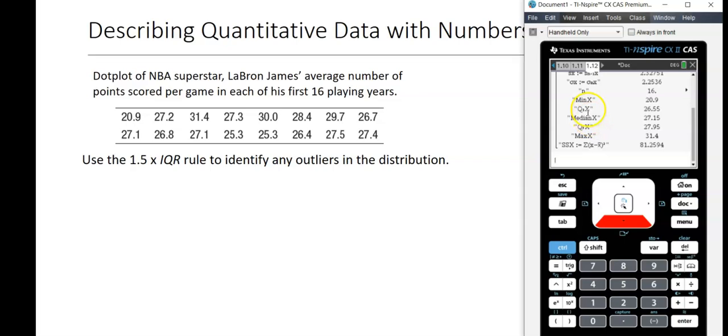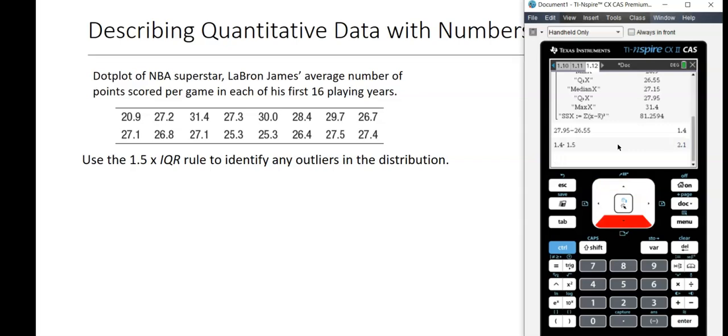Okay, so IQR would be 27.95 minus, that's Q3, minus Q1, which is 26.55. So that's IQR. Multiply that by 1.5. And then you have to add or subtract that from either Q3 or Q1. So Q3 plus that value or Q1 minus that value.